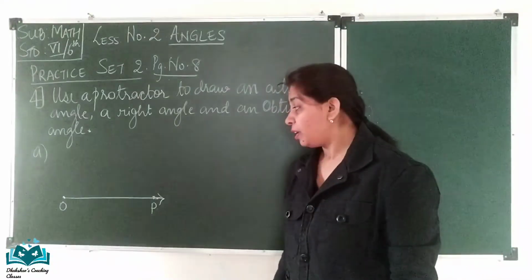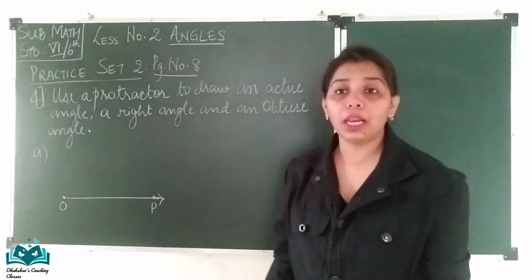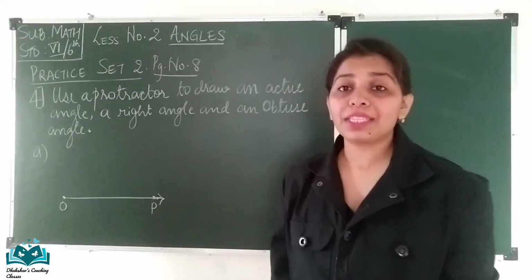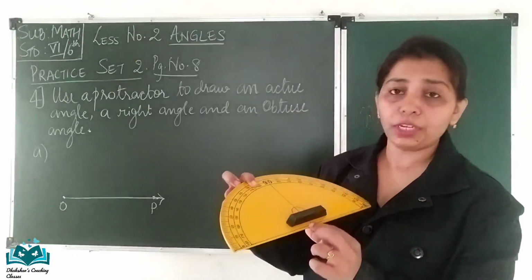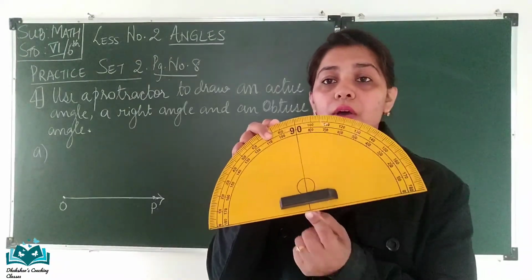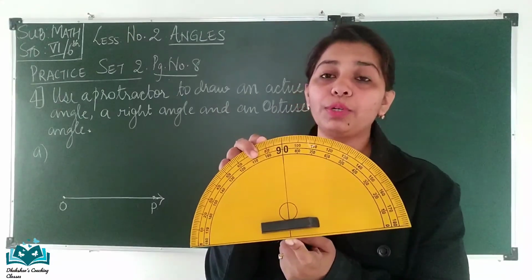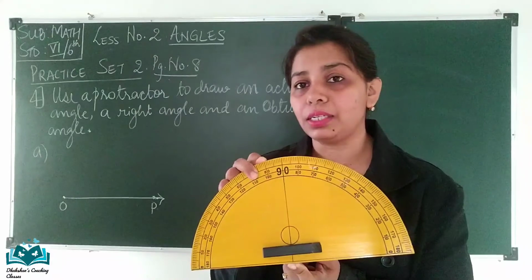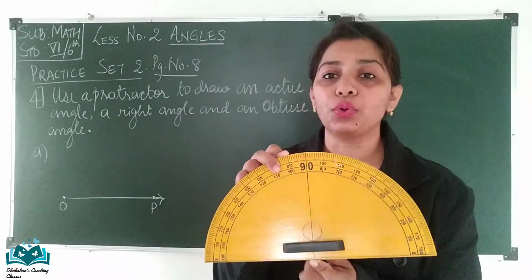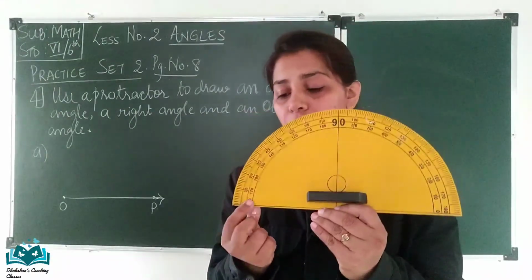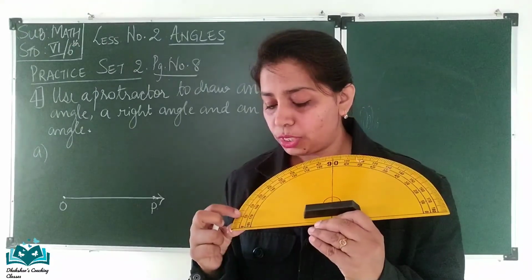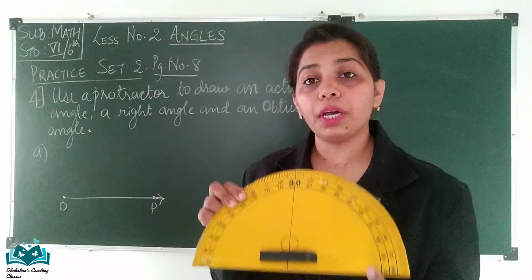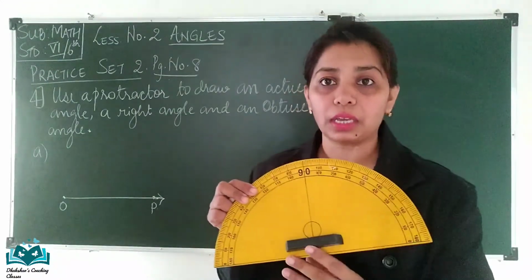As you all can see, I have drawn a straight line OP. Now placing my pointer on O, I will be drawing an angle whose measure is less than 90 and greater than 0. You can see 0, 10, 20, 30, 40, and from the other side also the same readings are given.